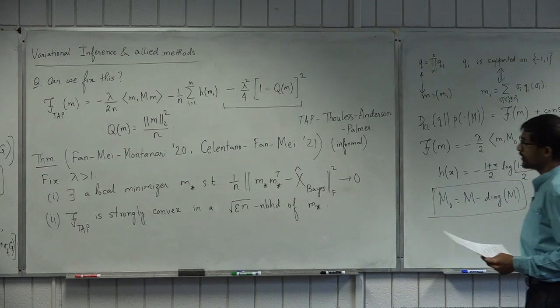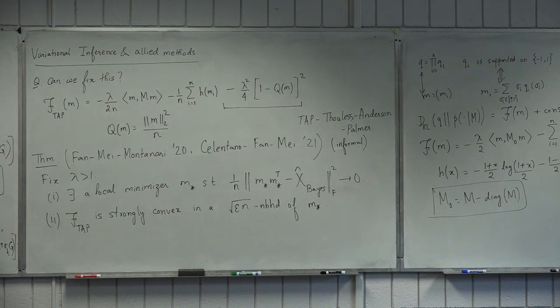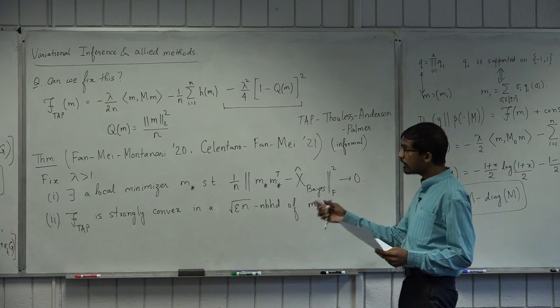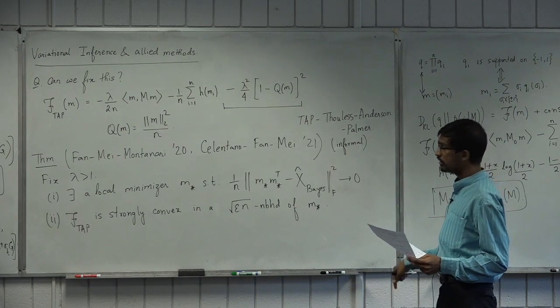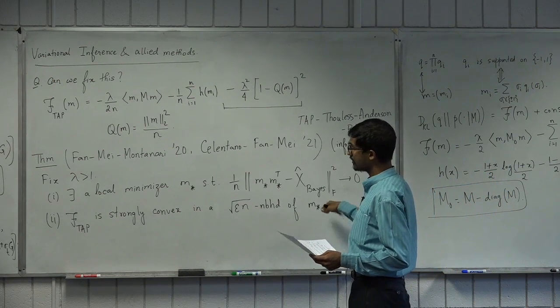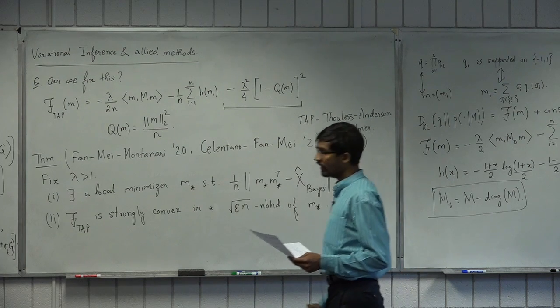Okay, so roughly there is a good local minimizer, and the function is well behaved in a local neighborhood of this minimizer. So if you actually ended up there, then if you do gradient descent or natural gradient descent, you will end up at this minimizer.